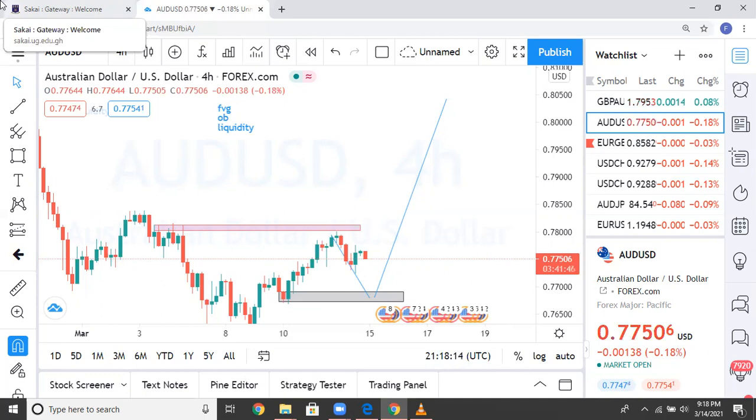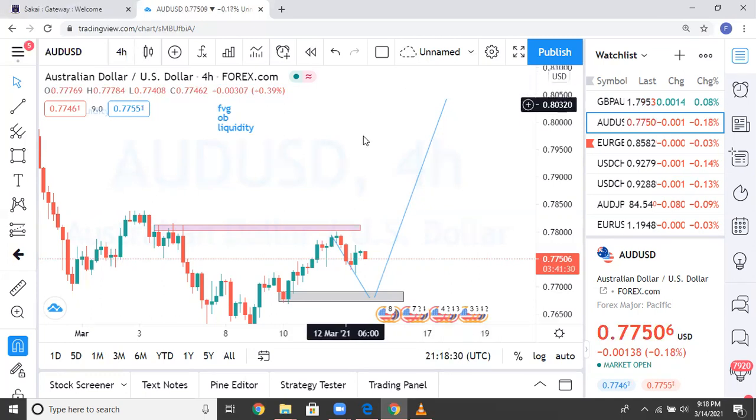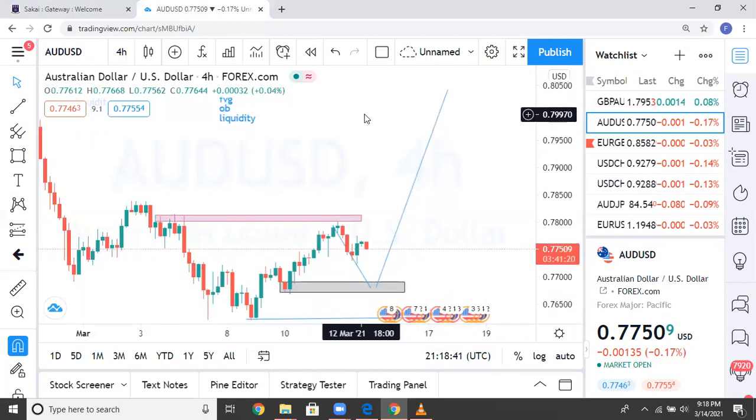Around 5 p.m., the Asian session has resumed, which consists of the yen, the CHF and the other currencies. But mostly I trade in the London session from 12 noon to 3 p.m.